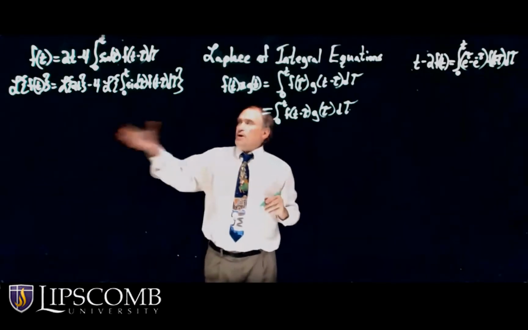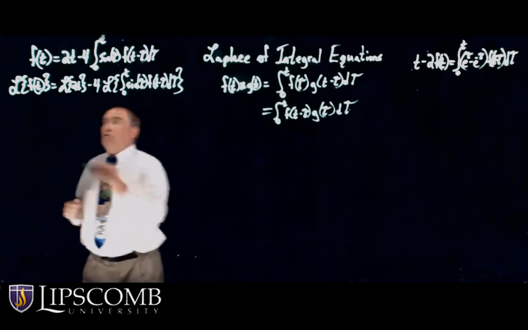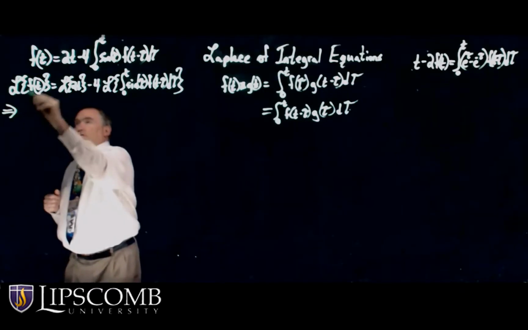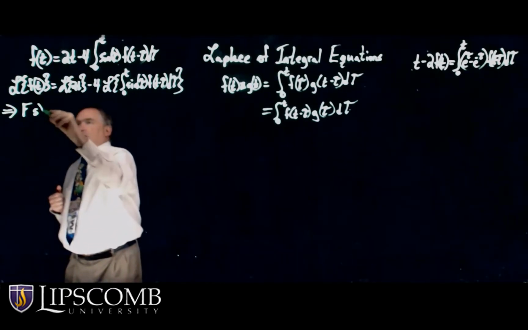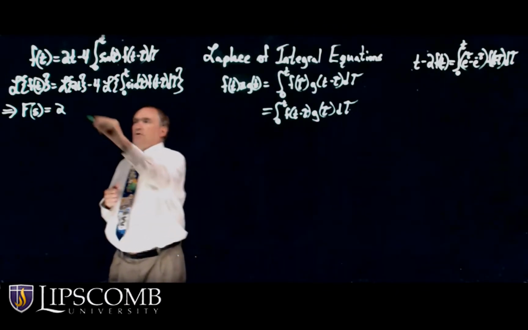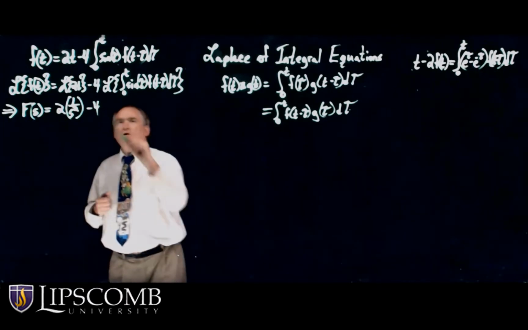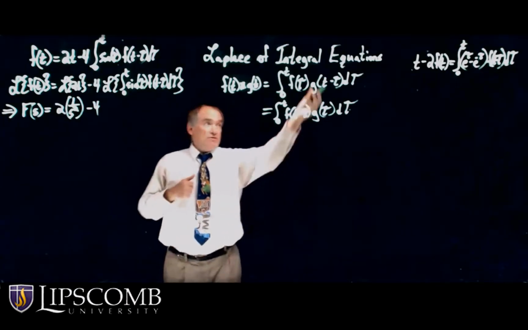So I take the Laplace of everything. Now let's apply our formulas that we know. So the Laplace of the unknown function I'll call F of s. 2 times the Laplace of t, well, of course, that's 1 over s squared. Minus 4, well, this is this.